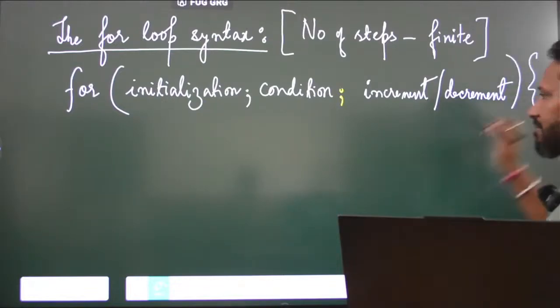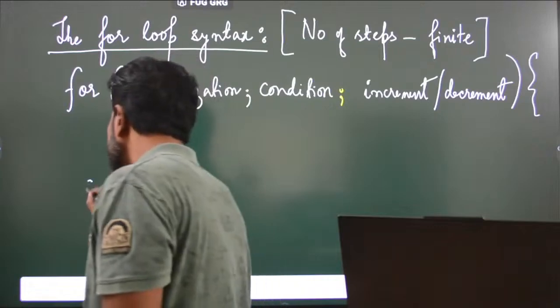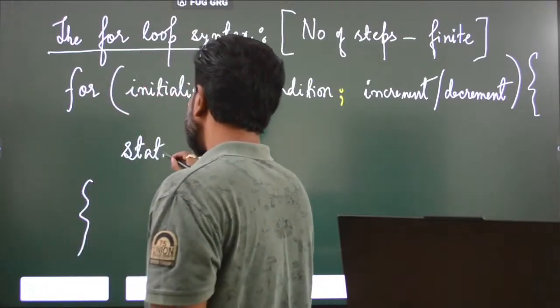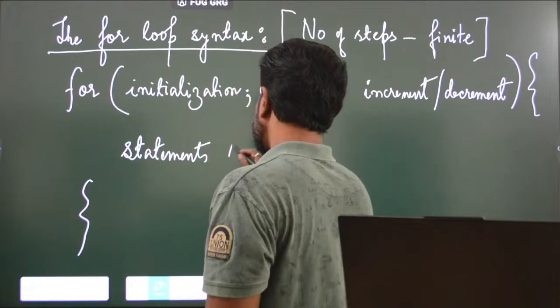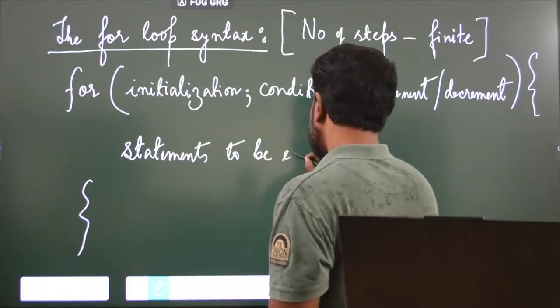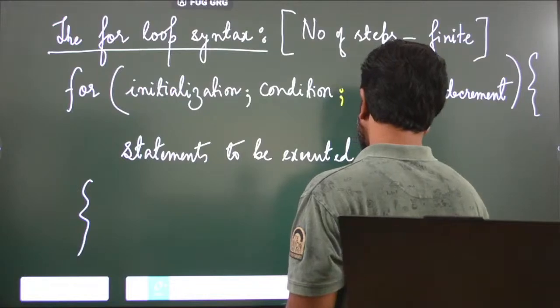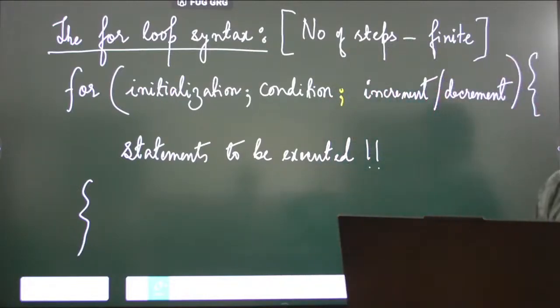Then we have our curly braces, and then we have our statements to be executed. This is the syntax of the for loop.